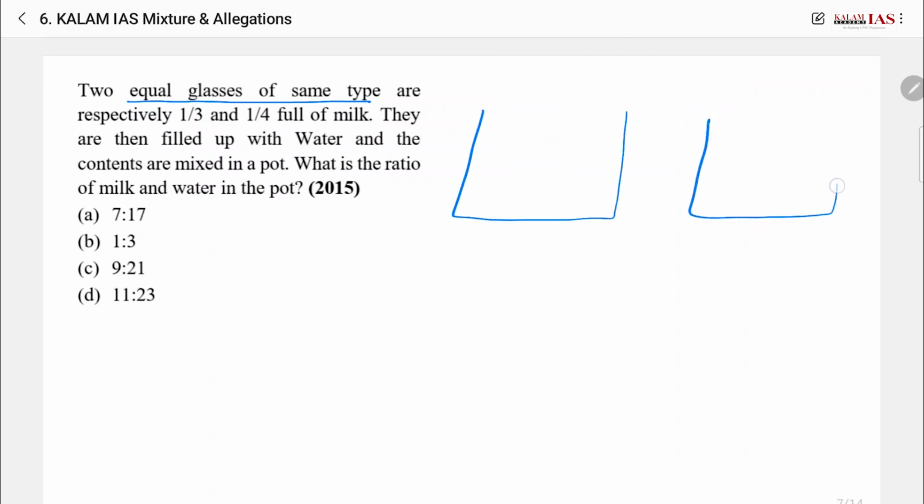Glass 1, glass 2. First glass has 1/3 of milk. Another glass has 1/4 of milk. They are then filled up with water and the contents are mixed in a pot. So in this we know 2/3 of water will be added to make it full. In this 3/4 of water will be added to make it full.